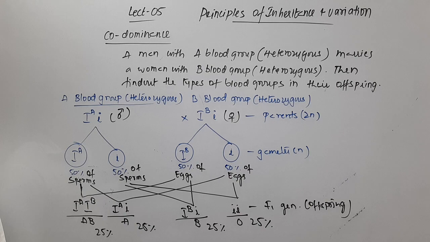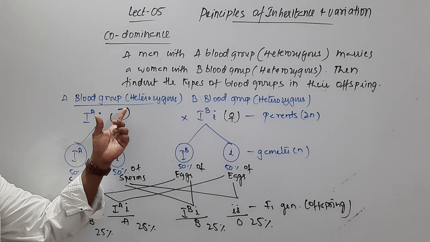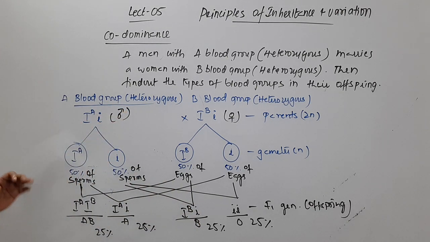So there is a 25% chance of each blood group in the offspring born to this couple, right? So this is how we can come to know the inheritance of blood groups in human beings.